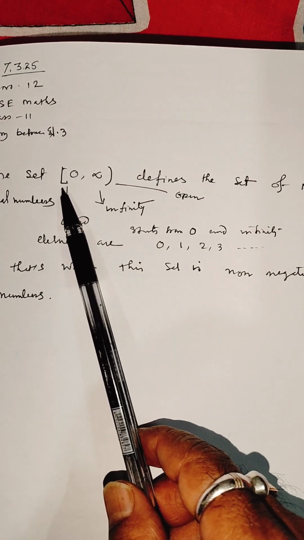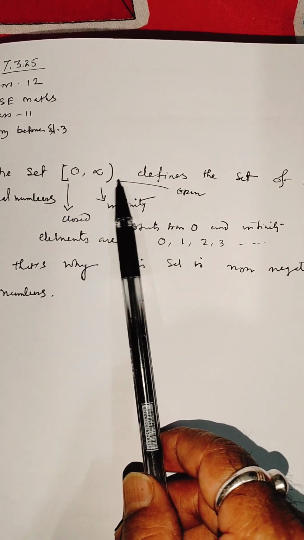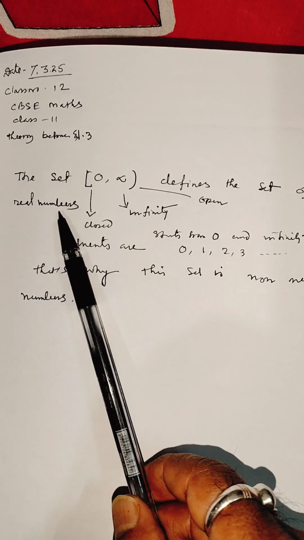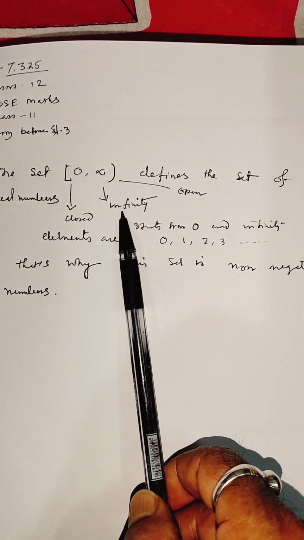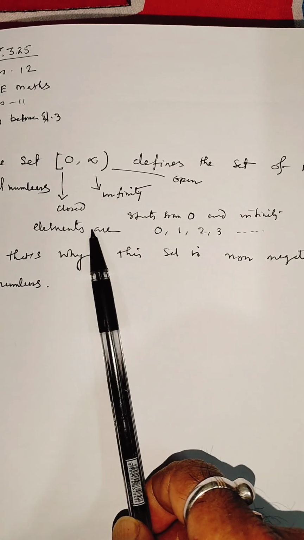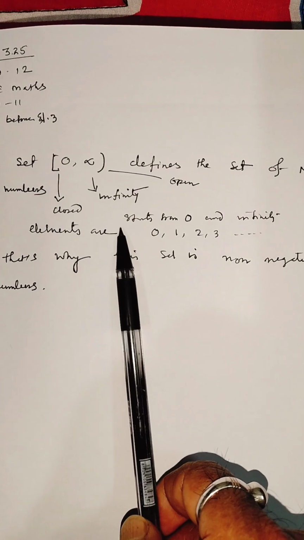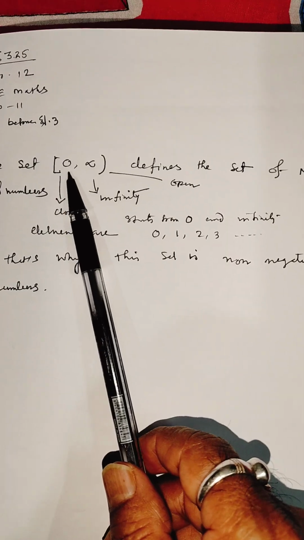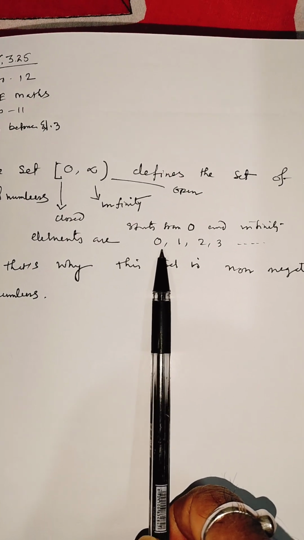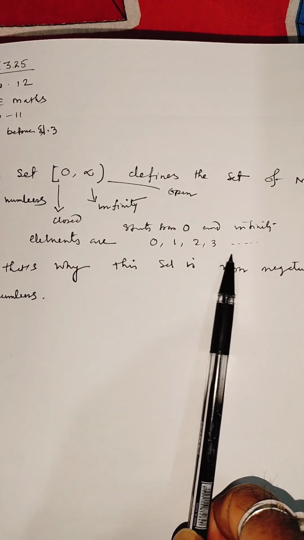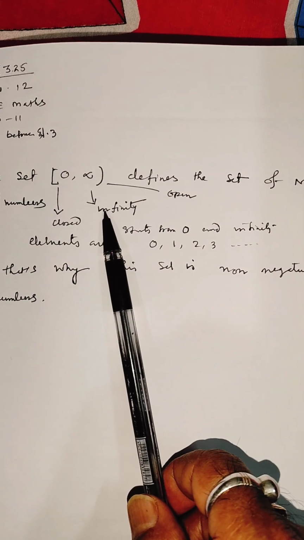real numbers. It is closed and it is open, and the symbol is infinity. So the elements start from 0. As it is closed, it starts from 0, and then 0, 1, 2, 3, 4, 5, 6, up to infinity.